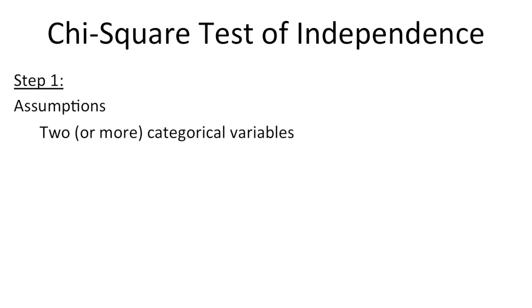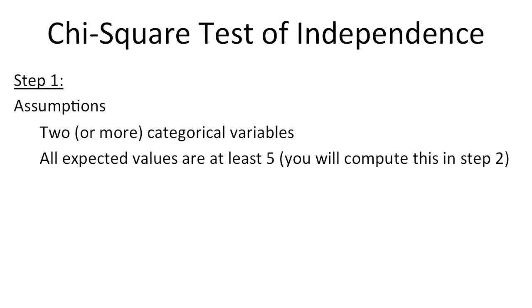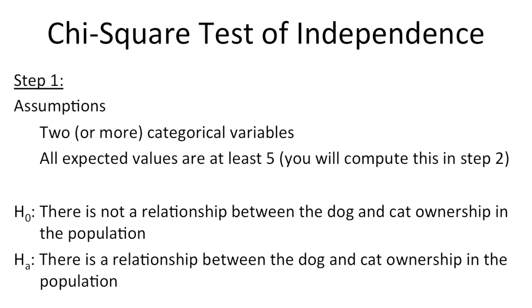Similarly, cat ownership was measured as yes or no, which is categorical. So this assumption has been met. The second assumption is that all expected values are at least 5, and we're not going to compute this until Step 2. So let's write our hypotheses. The null hypothesis is that there is not a relationship between dog and cat ownership in the population. The alternative hypothesis, there is a relationship between dog and cat ownership in the population.